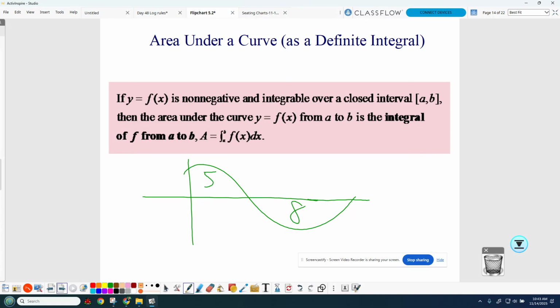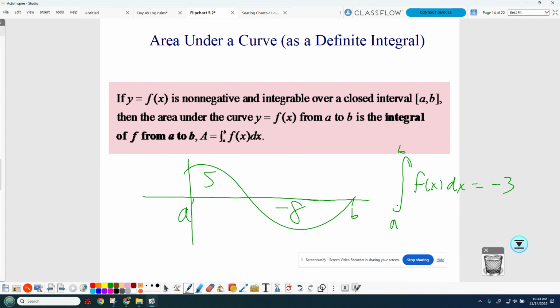Okay, if these are actual areas, like space that I had to paint, this is 5 square feet, this is 8 square feet. If I actually integrated from A to B, what would that be? -3.